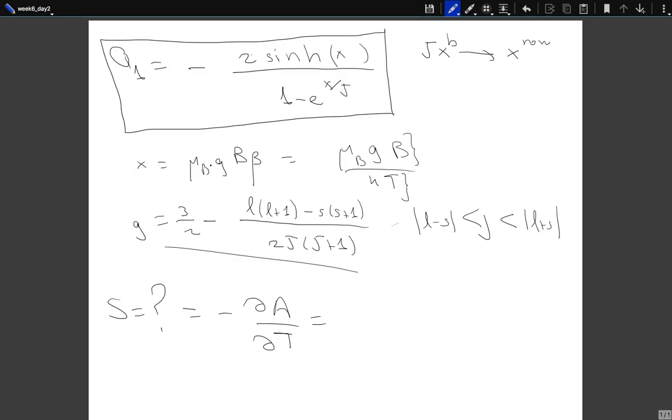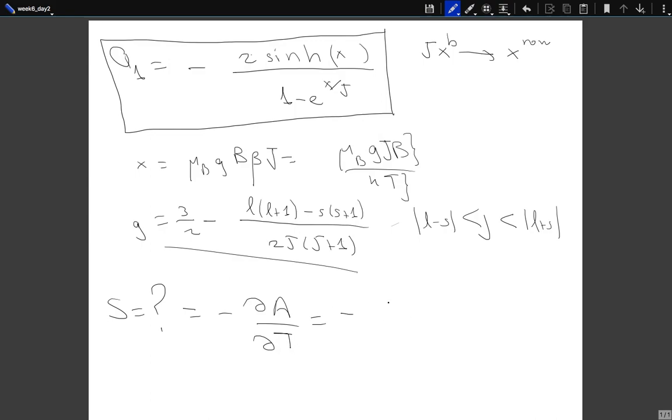And now x is not this one, but this one, times j. Remember, in the classical limit we kept g times j finite. Nothing else changes. So here we have j. Just a change of notation.